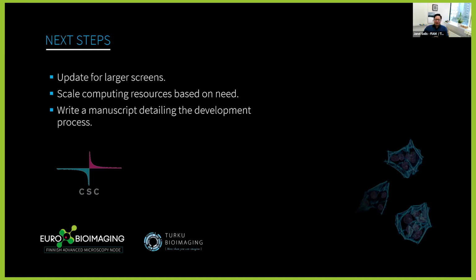But in this, we have a partner, which is the Center for Scientific Computing here in Finland. And we are working with them to see how we can scale this up and make the predictions a lot faster. Surprisingly, since this is just a prediction, we don't need any GPU resources. So we're just running this from a CPU cloud computing device.